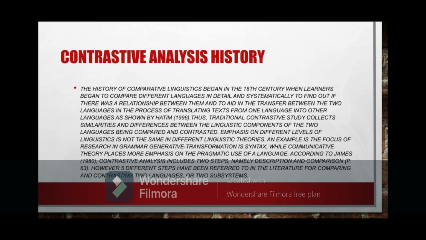The selection can be based on the analysis, teaching experience, and bilingual intuition, if the teacher has the same mother tongue as the learner. The second, description.